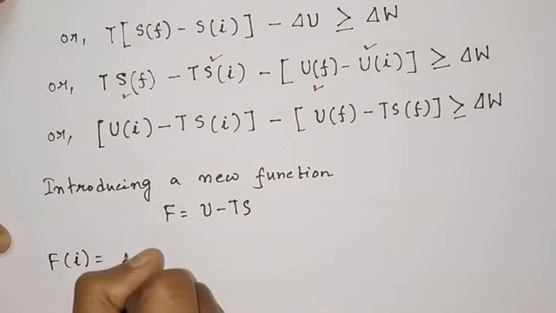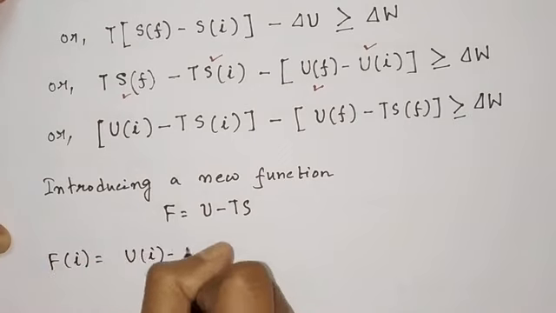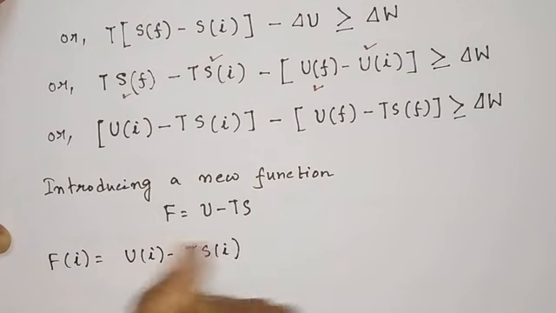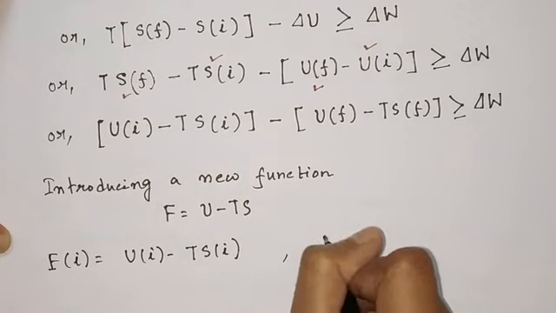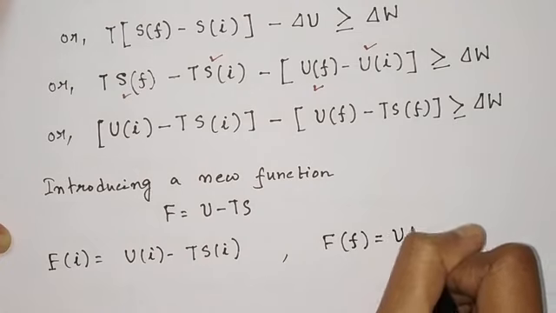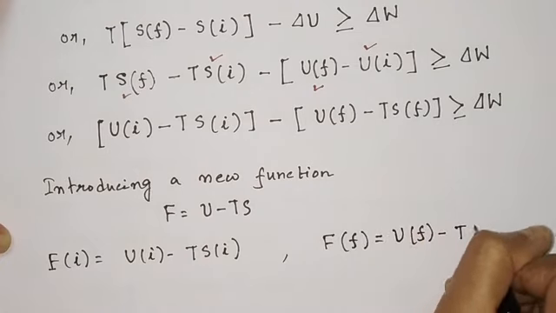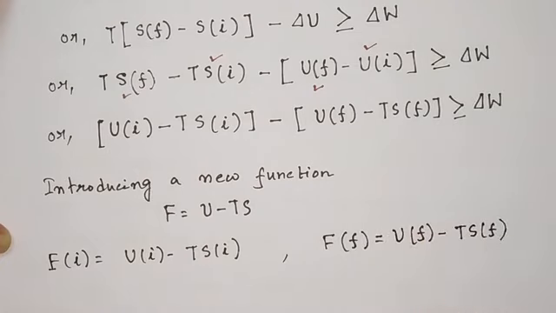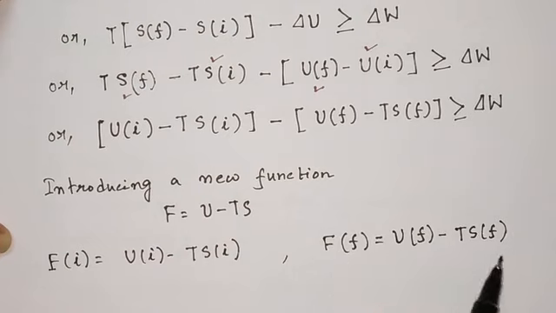FI will be UI minus TSI, meaning this is the value of the function for the initial state, and this new function F for the final state will be UF minus TSF. So the value of the new function F for the initial state is FI, which is UI minus TSI, and for the final state it is FF, which is UF minus TSF.